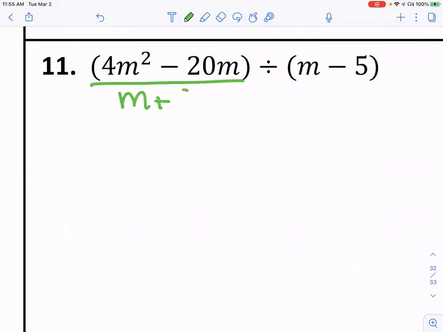So I'm going to put the m minus 5 down here. I'm going to cross it off because nobody likes seeing it there. Was it a minus or a plus? Okay. Tell me what the first step is.